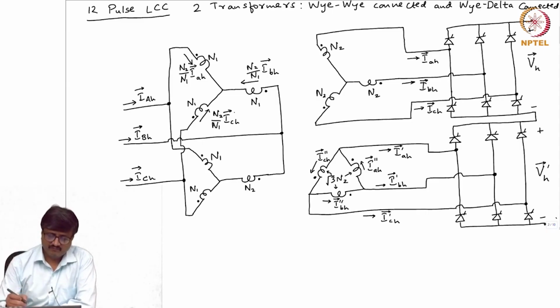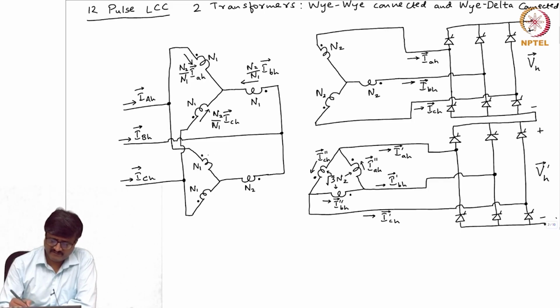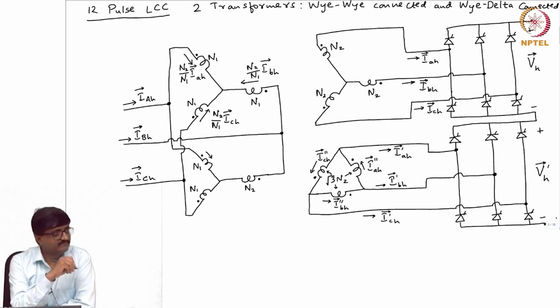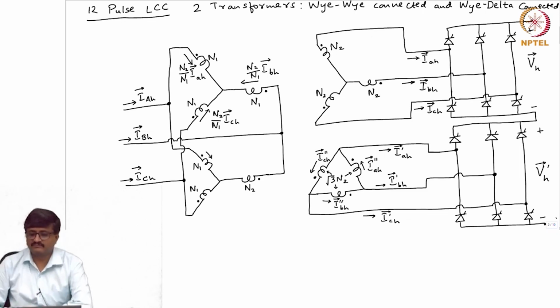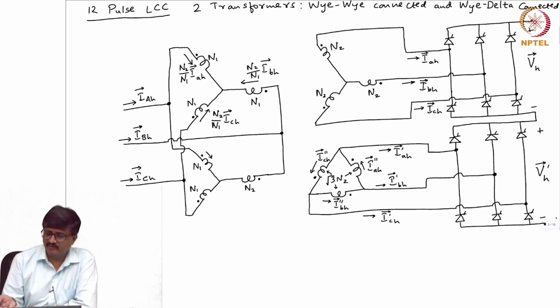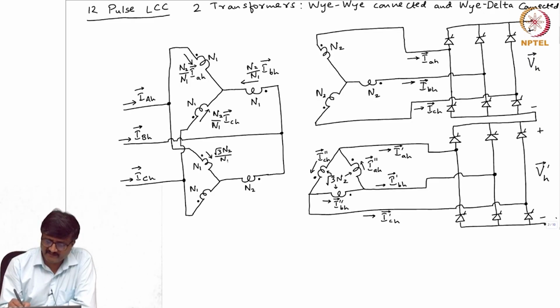Now, suppose I take this winding, what is the current here? Instead of N2 I have root 3 N2 on the other side. So, it is root 3 N2 by N1 into IAH double prime.